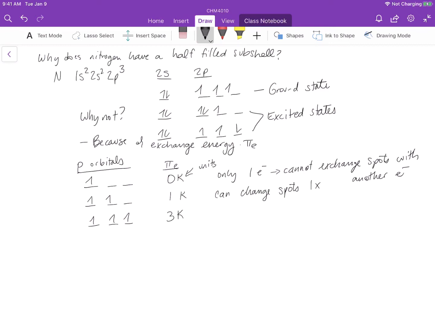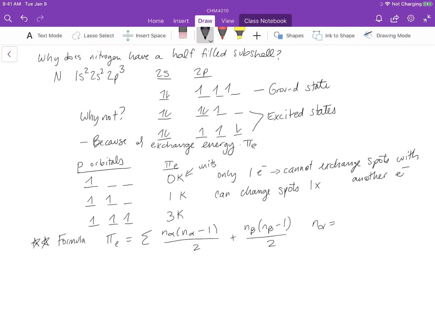So it's not quite so simple as just counting electrons. There's actually a formula. So for 1, 2, and 3, those you can pretty much learn and memorize. It's useful. But the actual formula that you will have to memorize, so star it up, is that pi exchange is the sum of the number of alpha spin electrons times alpha spin minus 1 over 2 plus the beta times beta minus 1 over 2.